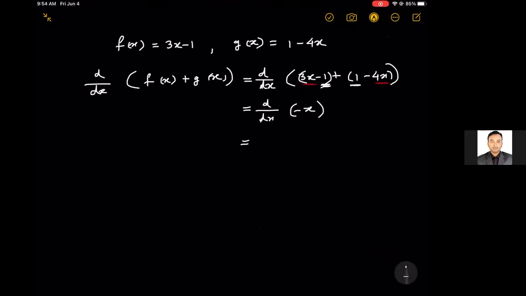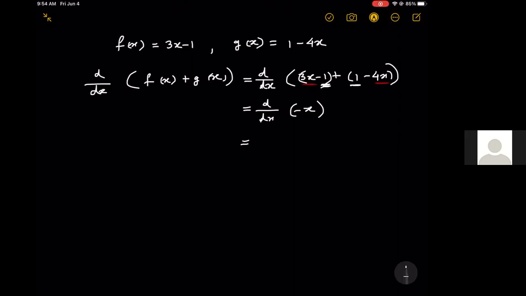So what's the derivative of negative x? Can you do it for me? Minus 1. And how did you get that? We'll find the derivative using the principle of differentiation. We get minus 1, because that 1 is typically the power, but they do not write it there.